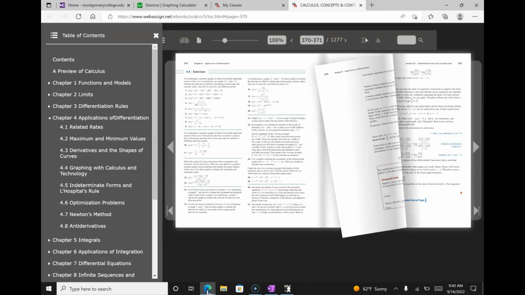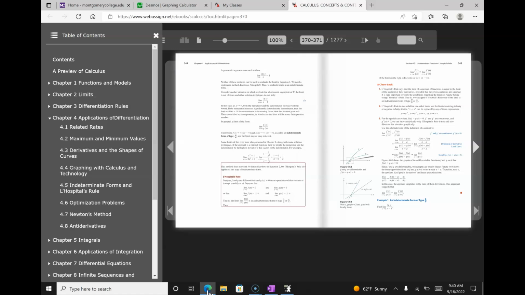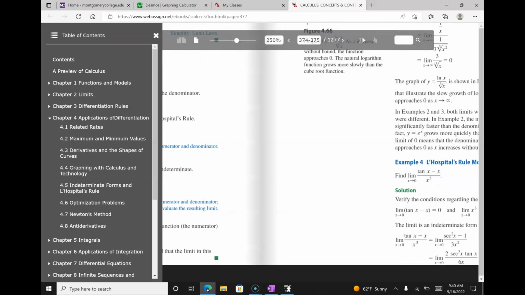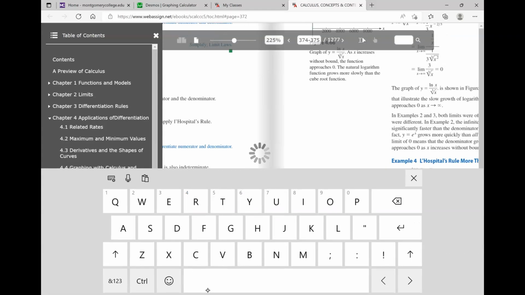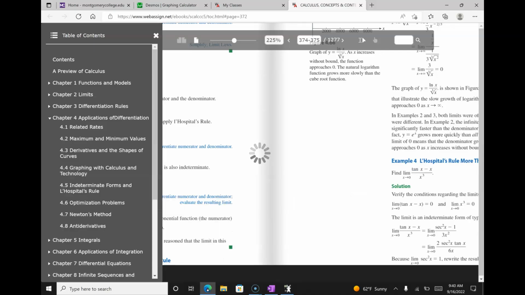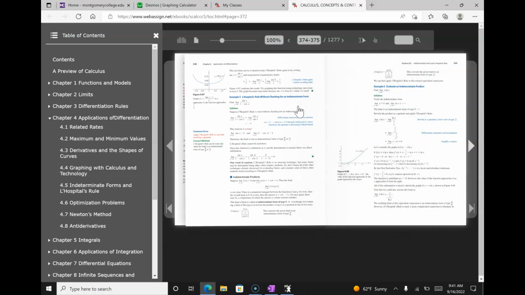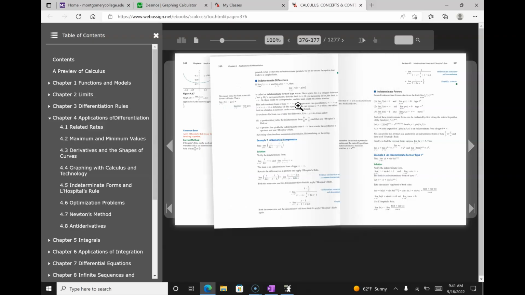So for Calc 1, the problems I like here, I just want to give you a list of numbers, that's all. Why does nothing work? So the problems I like in 4.5, of course there's WebAssign problems, that's enough.